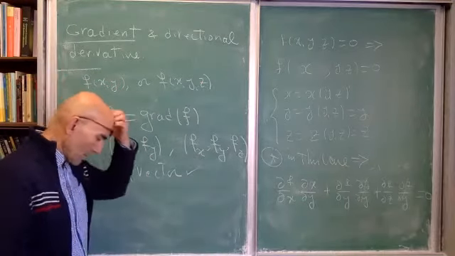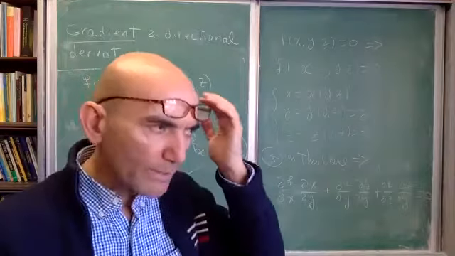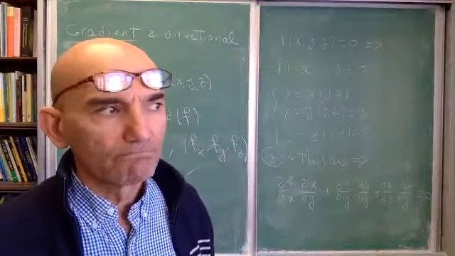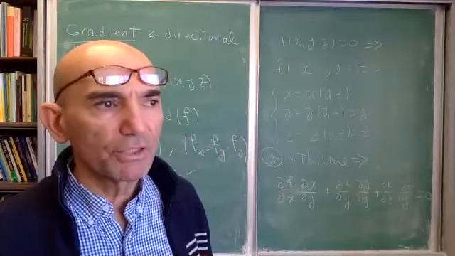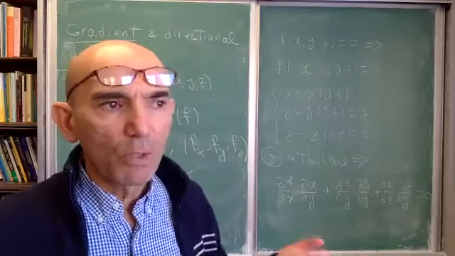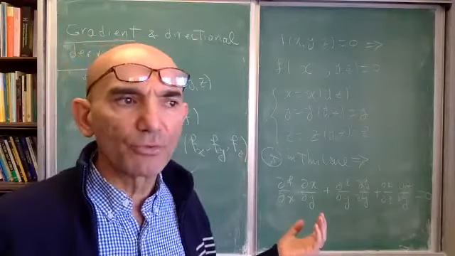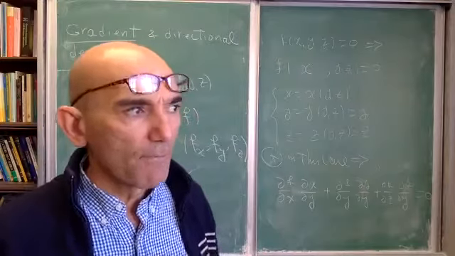Now, the question really was, what is the meaning of this vector? I mean, why does this combination of partial derivatives like fx, fy, fz make sense? What is it trying to measure? What is it trying to tell us?